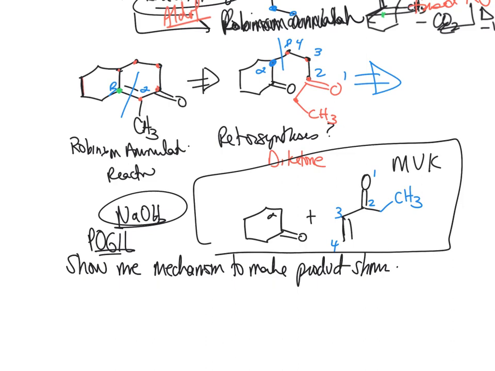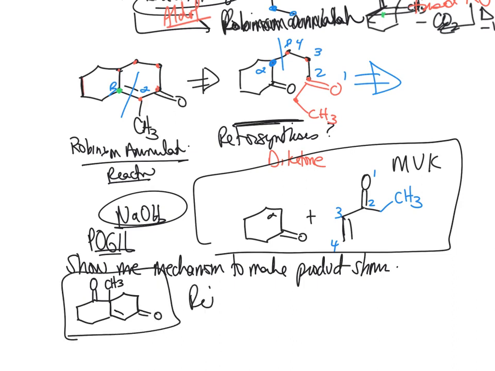You show that mechanism that gets you this product here, and then show me the mechanism to go from your diketone to your Robinson annulation reaction. And then the second thing is I want you to break this one down and show me the starting materials for this one. And then you can also work it forward. I want you to do a retrosynthesis for this Robinson product, and I want to see those starting materials.